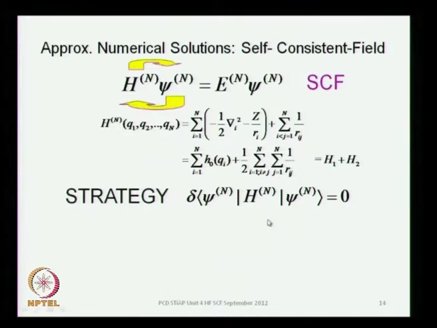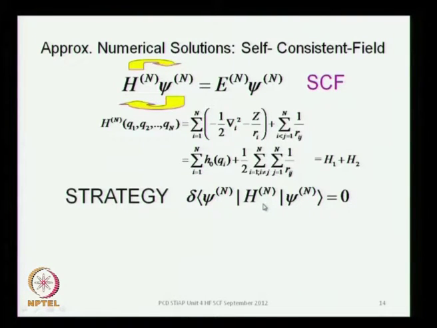You also use the variational principle to explain how light travels, Fermat's principle and so on. So, using the variational principle, you can set up a requirement that the variation in the expectation value of the Hamiltonian would be an extremum.